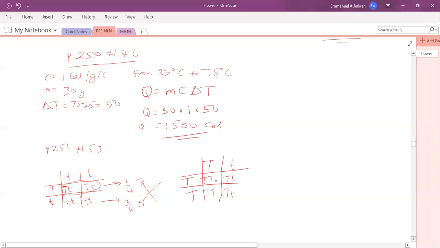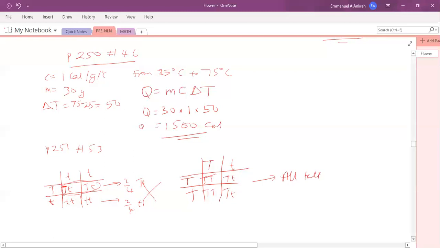If you look on the outside, they're all tall. So here they are all tall, right? 100% tall. So that doesn't match what they're saying, 75% tall and 25% short.